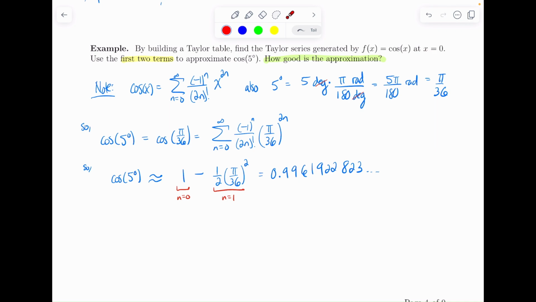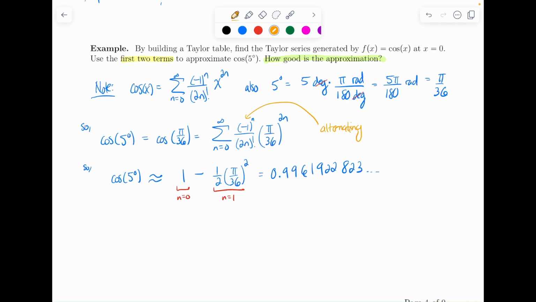Well, it turns out that we can actually detect that to some regard, namely because this series that we just built, conspicuously, right here, it's alternating. That means we have access to the alternating series error estimation.